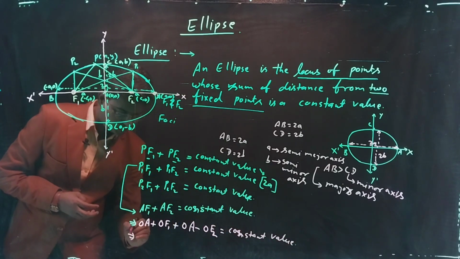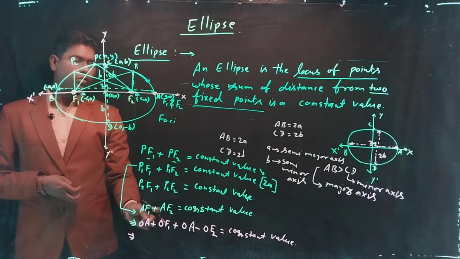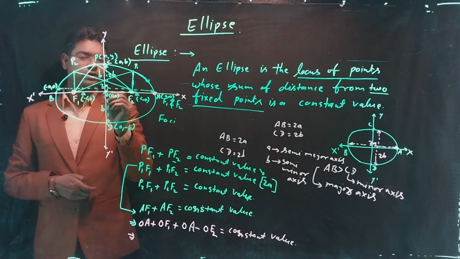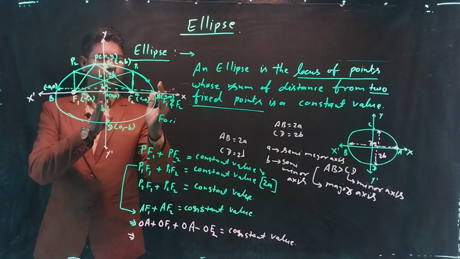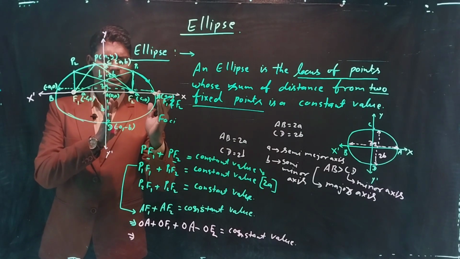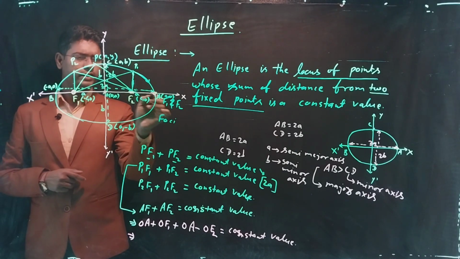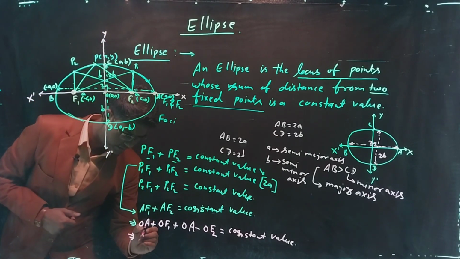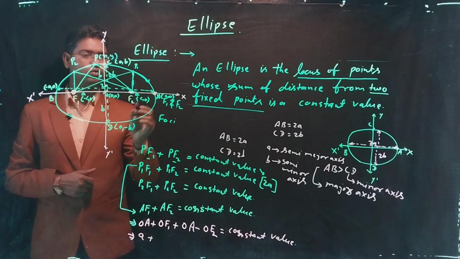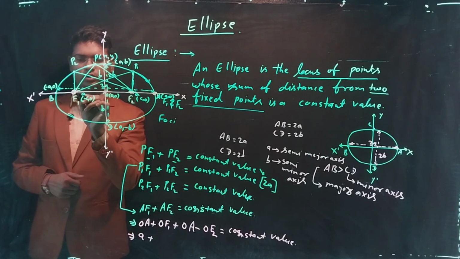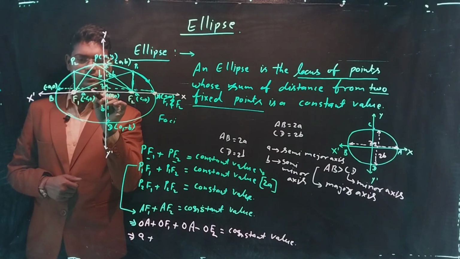Now from this diagram, OA is the semi-major axis. If AB is 2a, then OA will be only a. The value of OF1 is c.